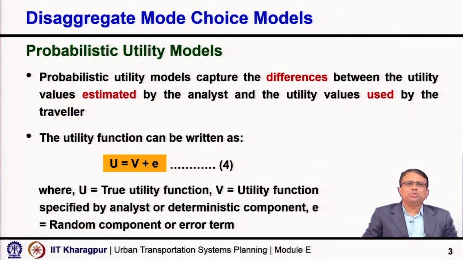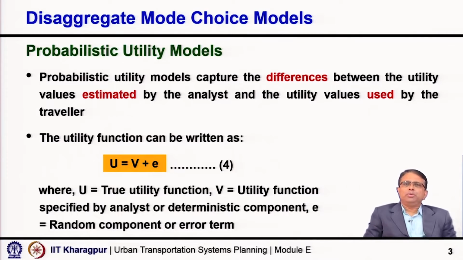So, the true utility includes the utility function specified by the analyst, which is V, plus an error term E. Now, this error term is a random component, and because E is random, the true utility is also a random variable.